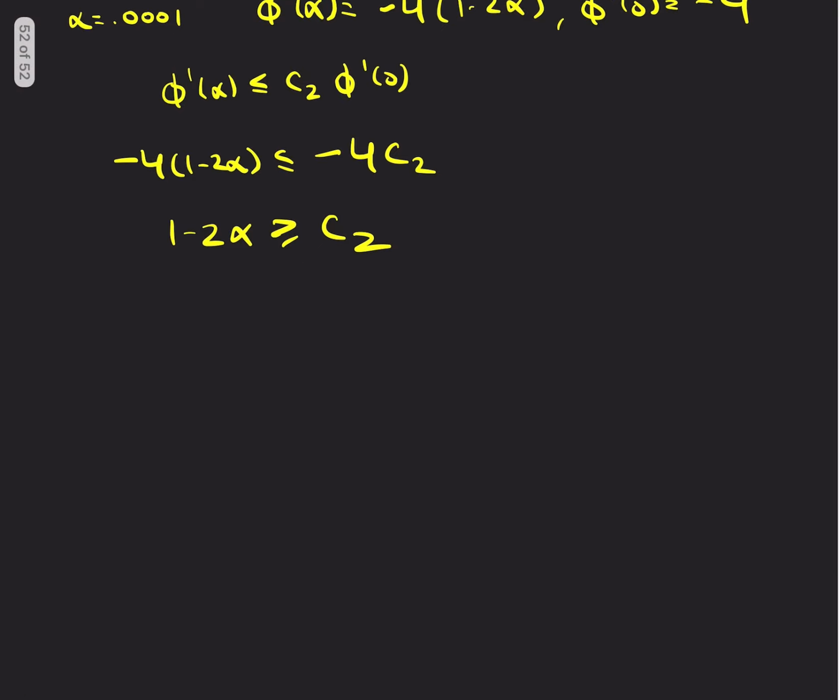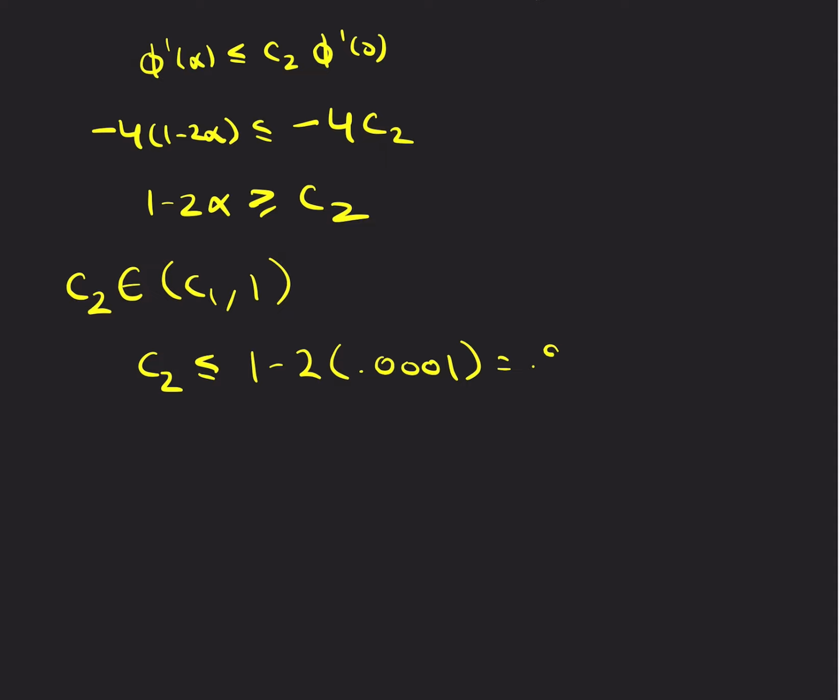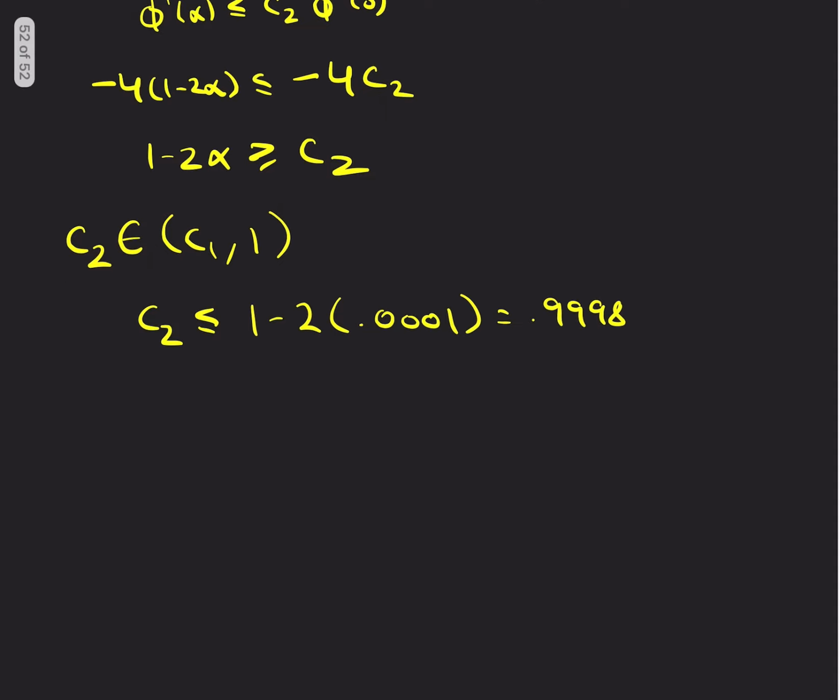Remember that C2 is in this interval. So C2 is less than or equal to 1 minus 2 times 0.0001, which is 0.9998.